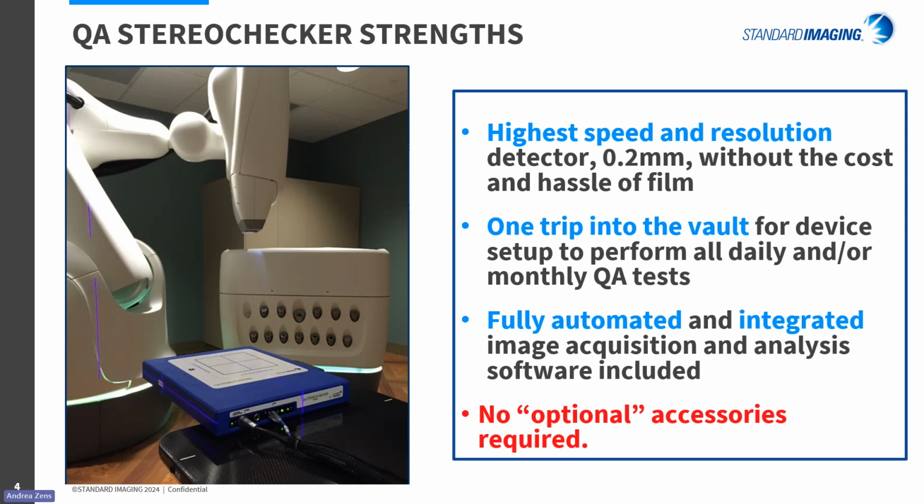The active area of the detector array is large enough to capture all the MLC leaves with one QA test plan, again, making setup and workflow easy. The device includes integrated and automated image acquisition and analysis software. And we keep it simple, so there's no costly accessories required with QA StereoChecker.